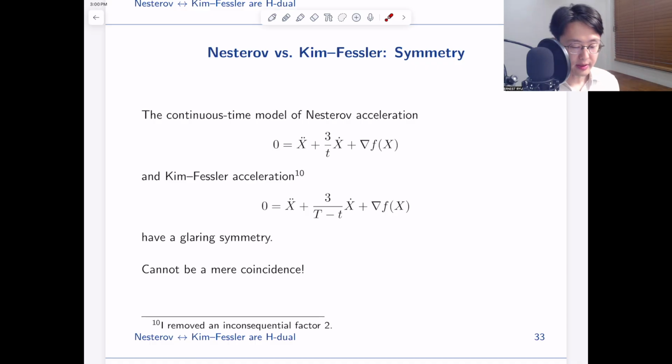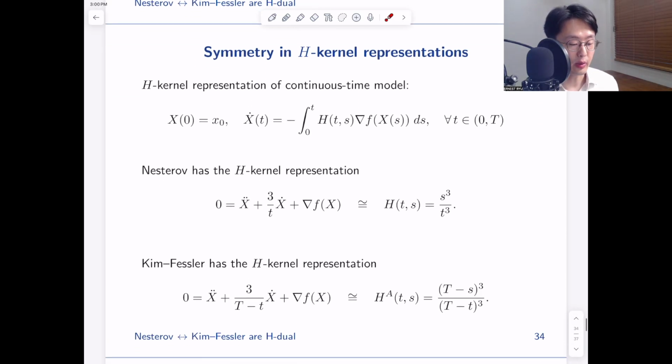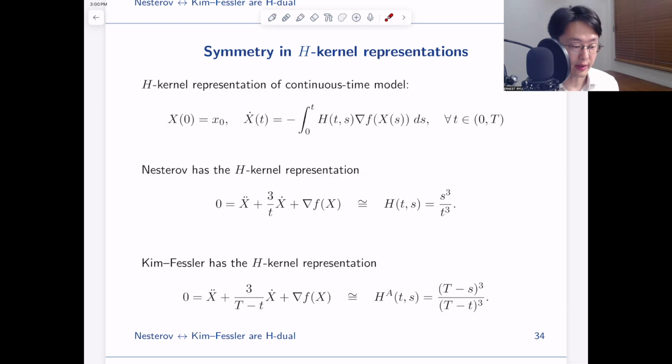So we spent a lot of time trying to think about how to understand this, and here's how we think we should understand it. For these continuous time models, instead of describing the dynamics with a second order ODE, we can describe them using what's called a first order integral differential equation. So x dot at time t is the integral from 0 to t of all the previous gradients.